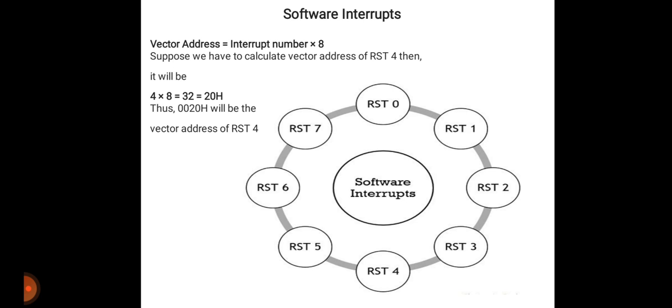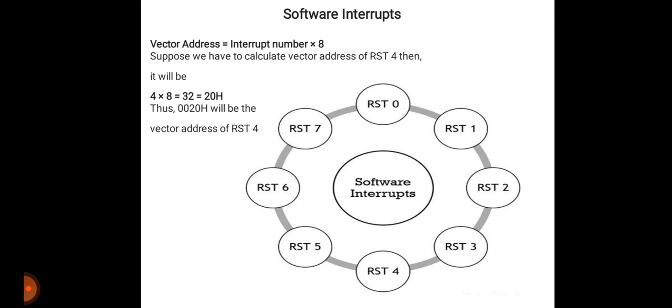Suppose we have to calculate the vector address of RST4. Here 4 is the interrupt number, and 4 times 8 is 32, which is 20H, meaning 0020H will be the vector address of RST4.